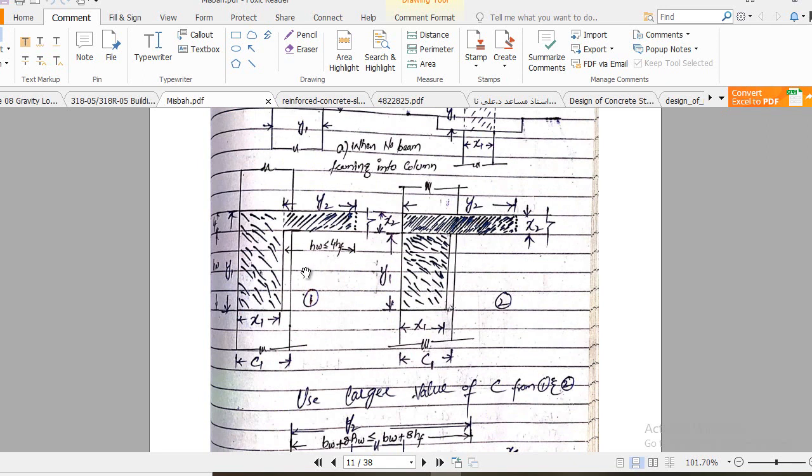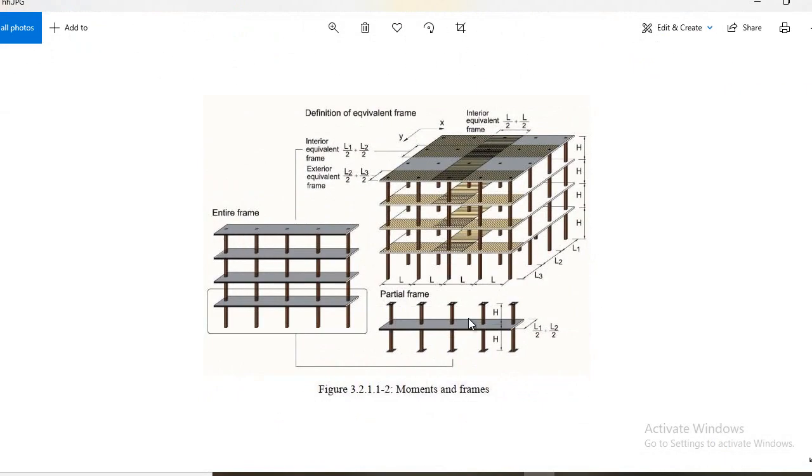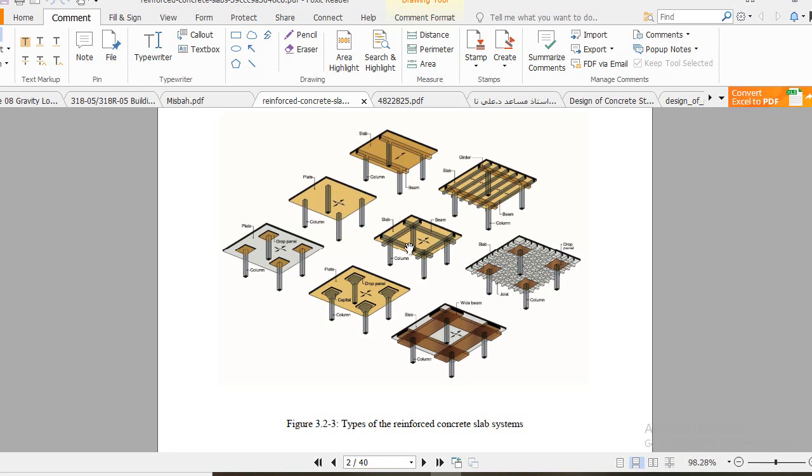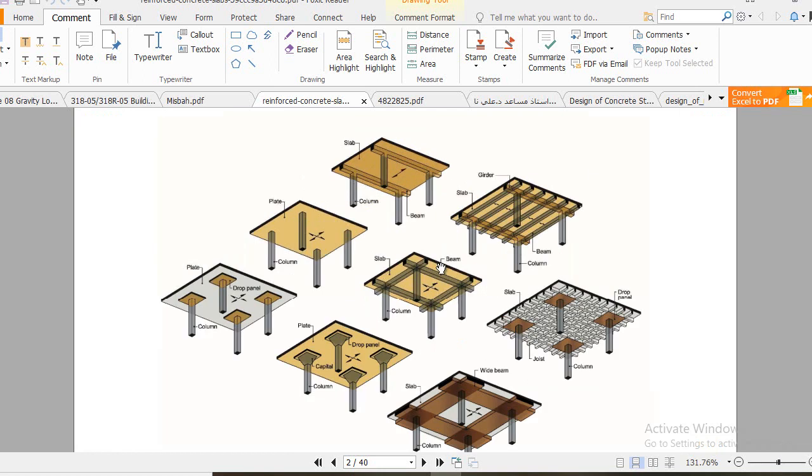And similarly, for example, if you have an edge beam, as you see here, in this example we don't have any beam system, clear? But for example, let me show you this one. If this is our analysis direction, so this is our transverse member.